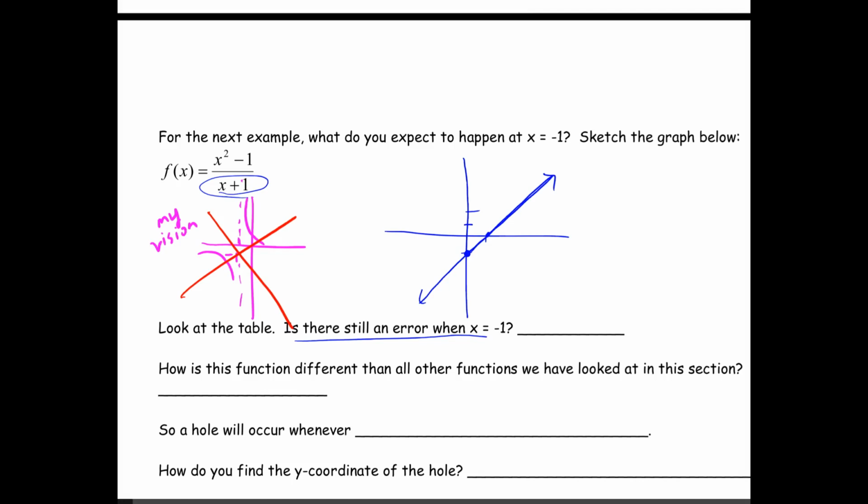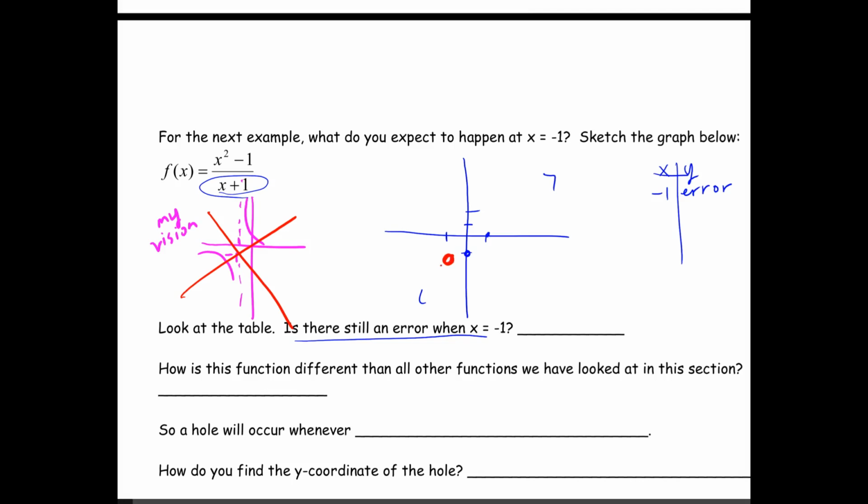So what does it show in your table at -1? It's an error. Notice that doesn't really show up in your graph. What's actually happening in your calculator is you actually have a little tiny hole at that point.